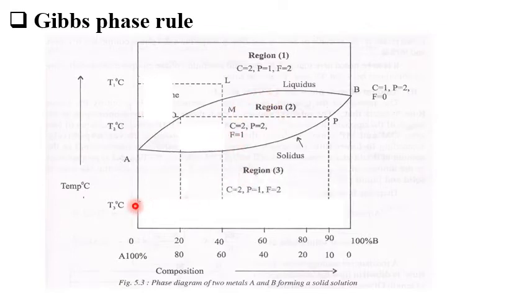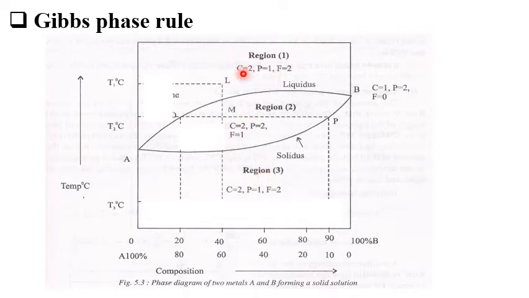And if I take any temperature T3, anywhere here, the number of phases P is equal to 1, components are 2, so F will be equal to 2. You can observe clearly that wherever we have a single phase, the degrees of freedom are 2. But when we have a mixture of two phases, the degrees of freedom is only 1.